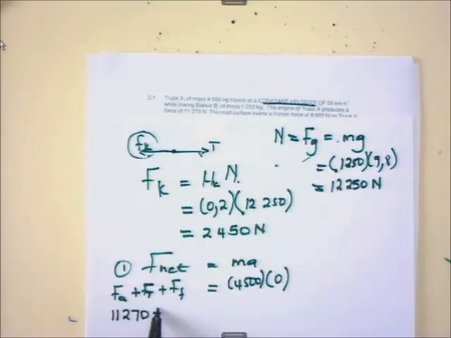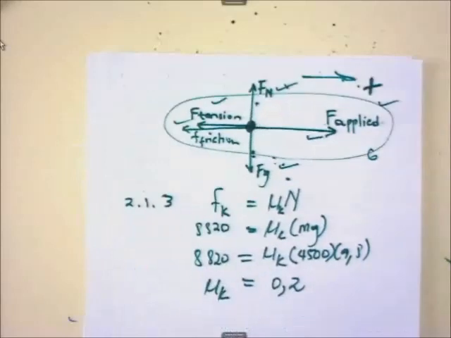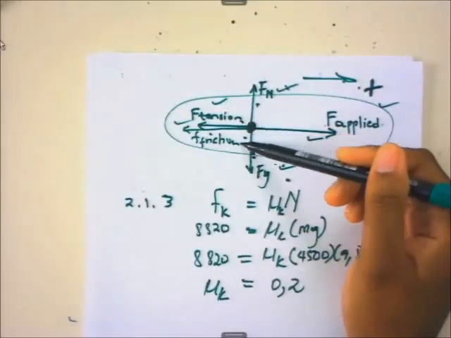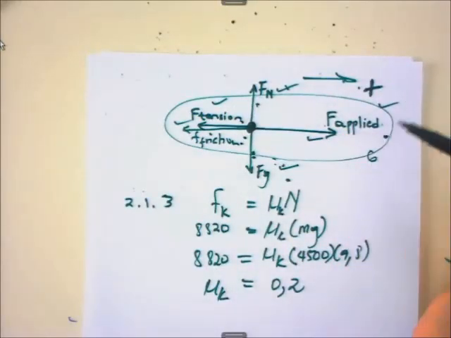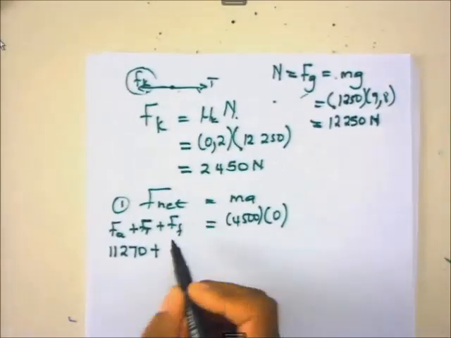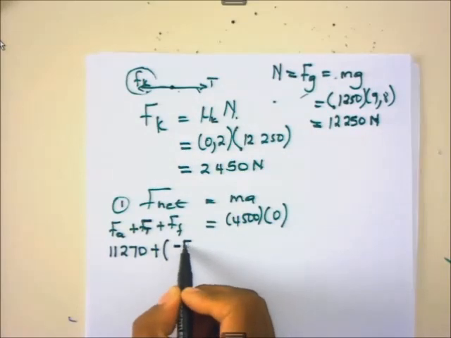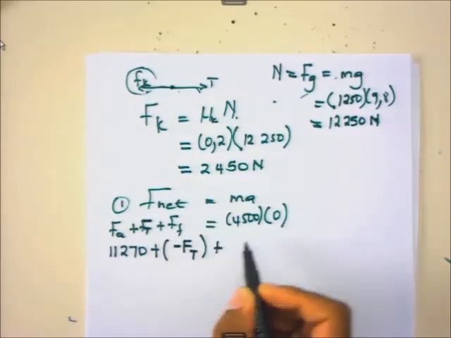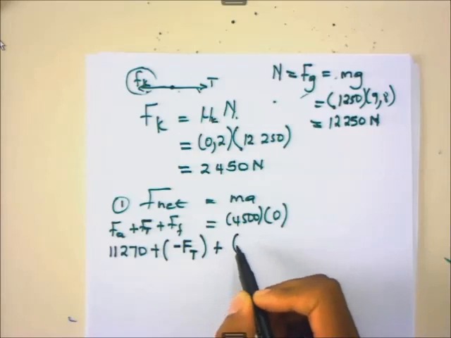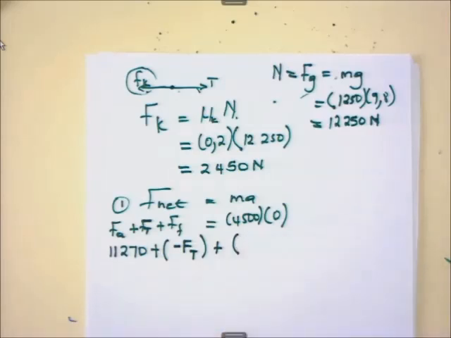It is 11,270 plus. Now, the tension and the friction force are in the opposite direction. Which means if my applied force is positive, these ones will be negative. So I am going to substitute my tension as Ft, plus this one, friction, which is also in the same direction as the tension.